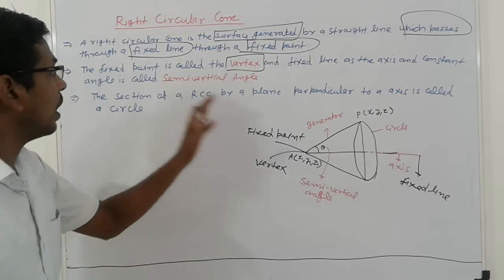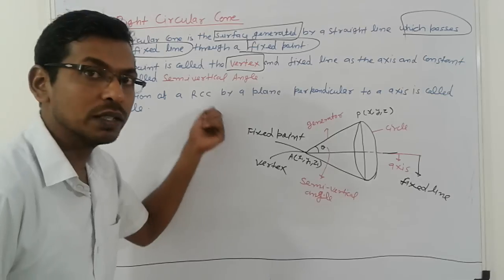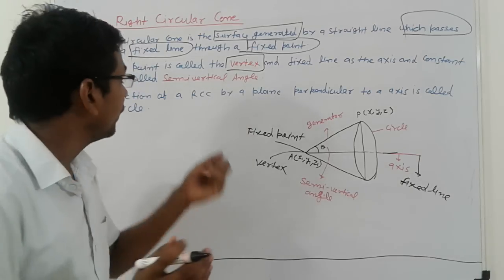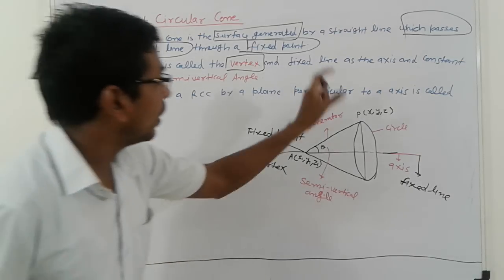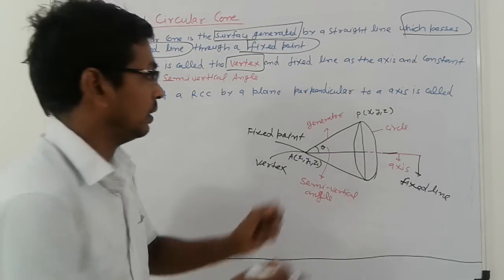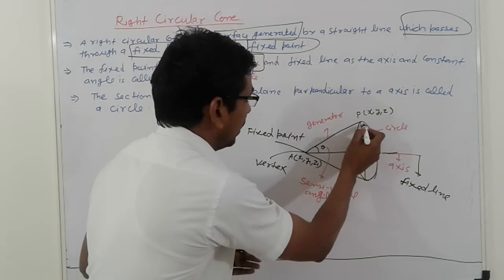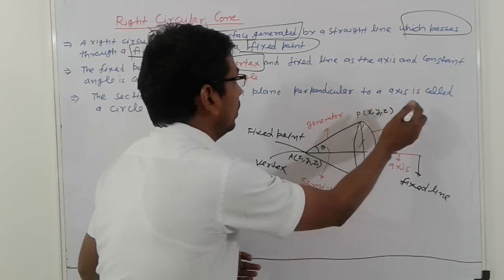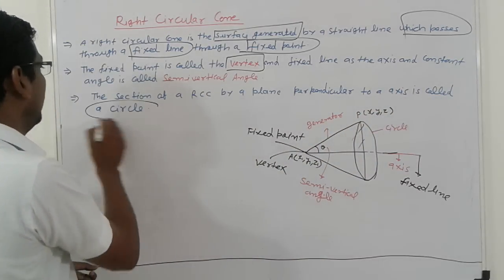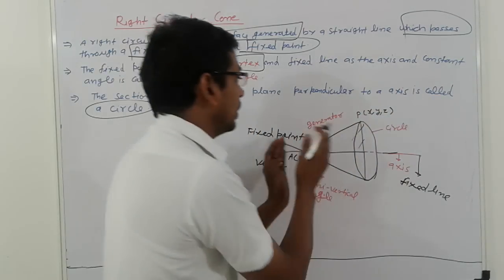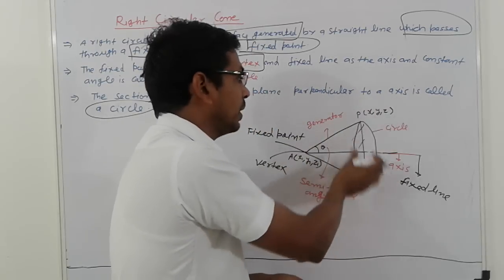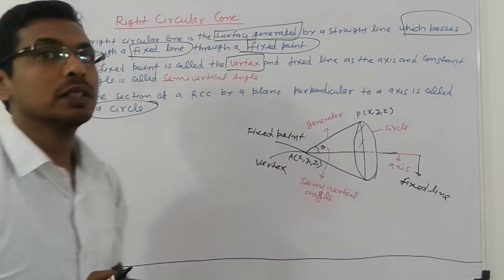The section of the RCC, the right circular cone, by a plane perpendicular to the axis is called a circle here. When cut perpendicular to the axis, the section is represented by a circle.